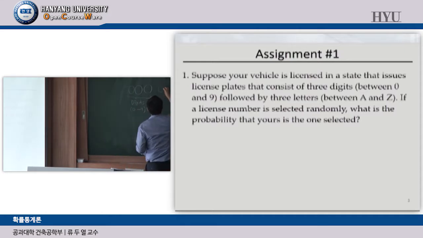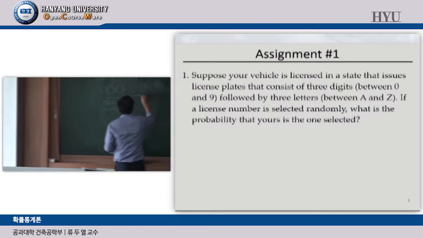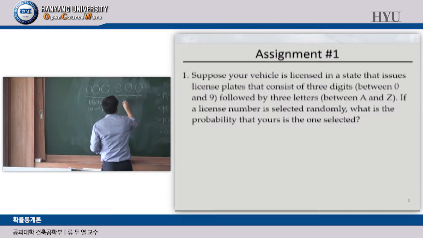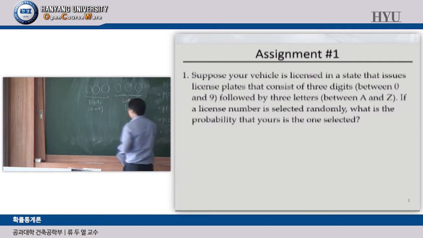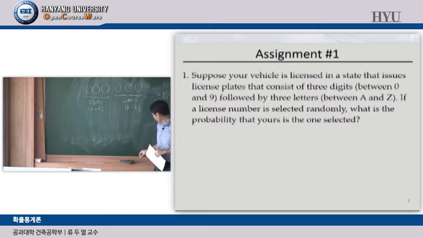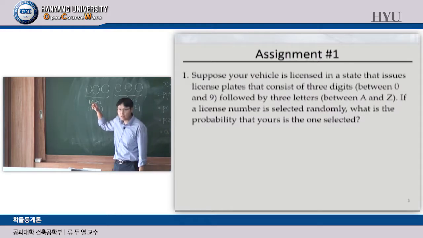And the following 3 parts will be the letters, from A to Z, right? In this case, what is the probability to select the first digit here?